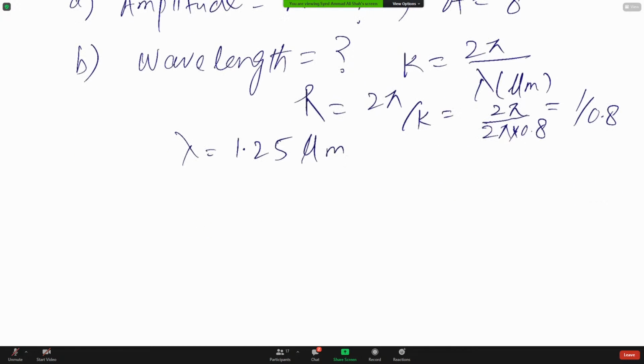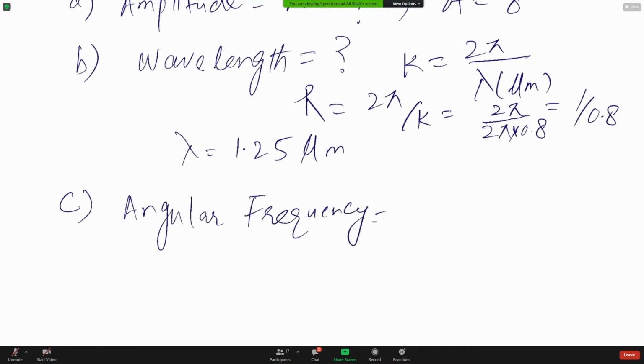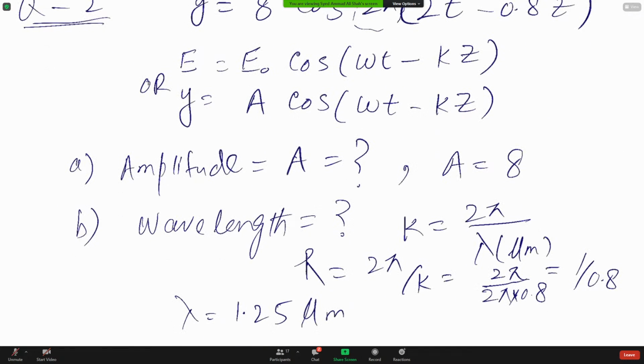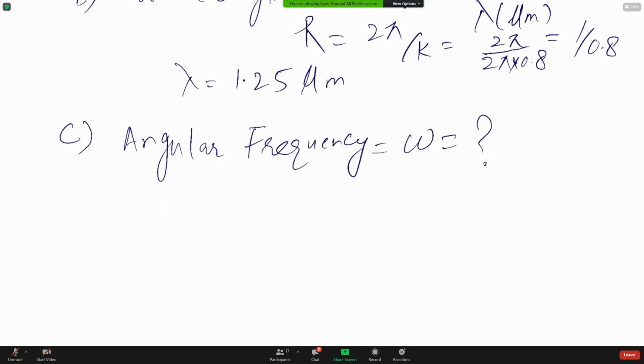Find the angular frequency. So angular frequency is your omega equal to what? Let me go up. So what was the expression for omega? Anyone?